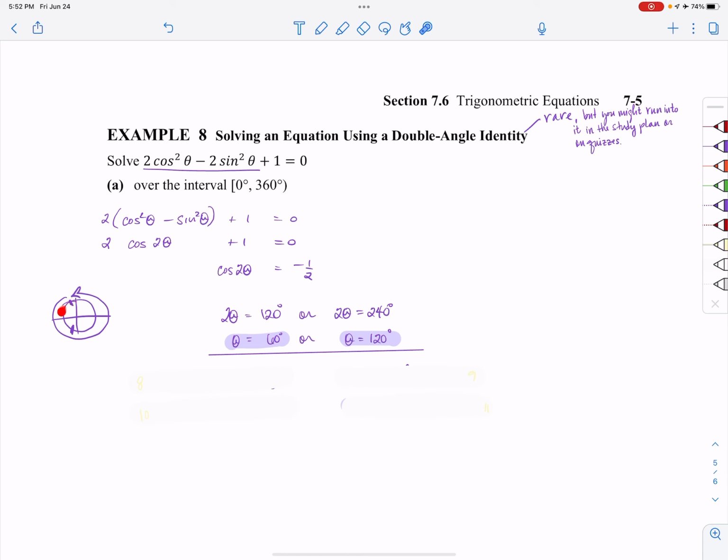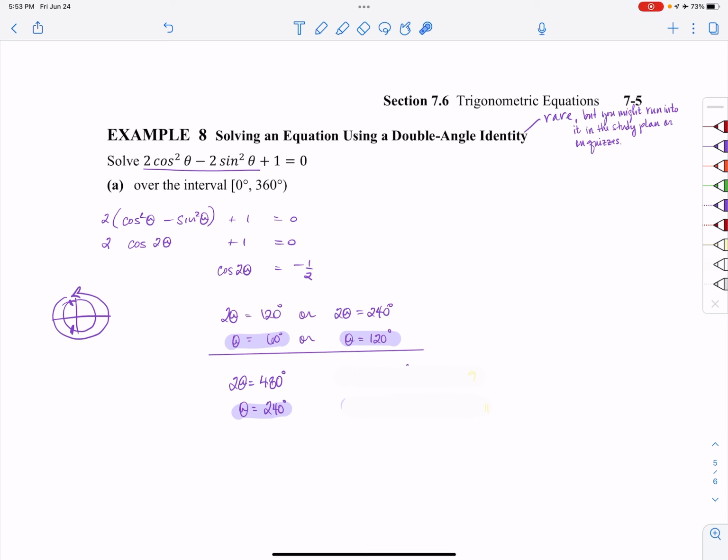If I went around the circle another time by adding 360, that would land me at 480. Now, 480 degrees is totally outside of our restriction. However, this is double angle. If I divide by 2, I'm going to get 240 degrees for my single theta, and my single theta is within my restriction. So if I don't go around again, I'm actually going to forget some of my solutions.